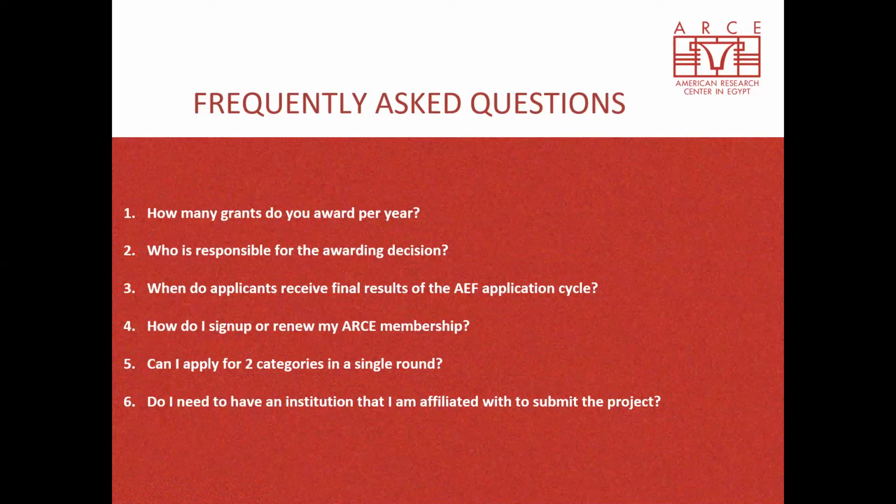It's just not possible or feasible. You can, however, be a team member in other applying projects. So you can be a project director or principal investigator in one and submit your application for your one project, but you can be part of other projects as a team member.